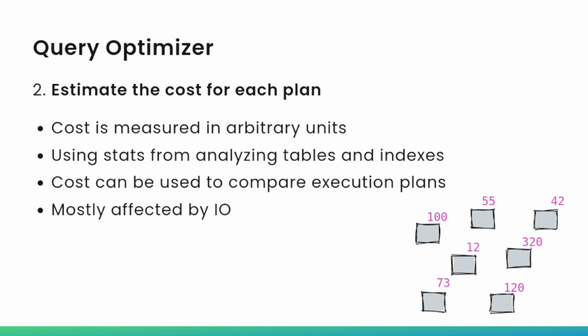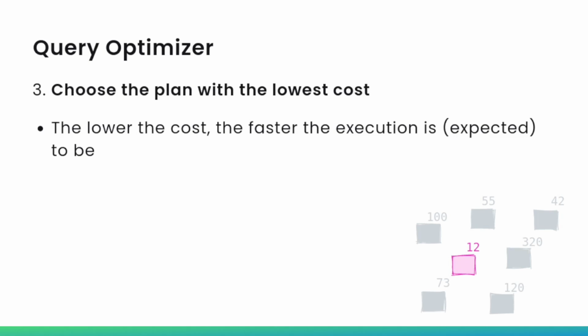So the more I/O you have, the more expensive the execution plan is going to be and the higher the cost, okay? So after I generated all possible plans and estimated the cost for each one, I simply choose the one with the lowest cost. And the reason is that the lower the cost, the faster the execution is expected to be, okay?